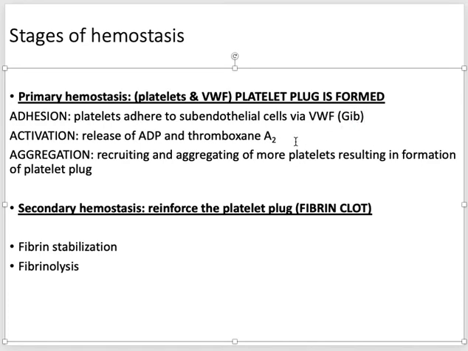And ADP is there, which binds to the receptor called glycoprotein 2b3a. This is the receptor which is involved.